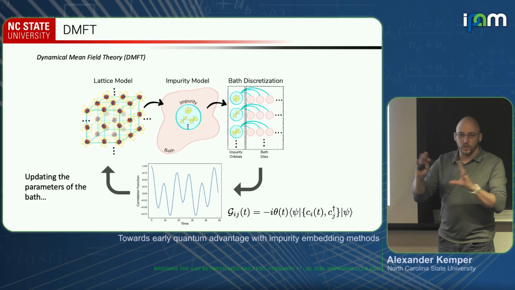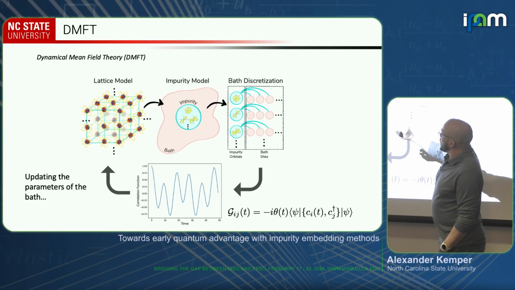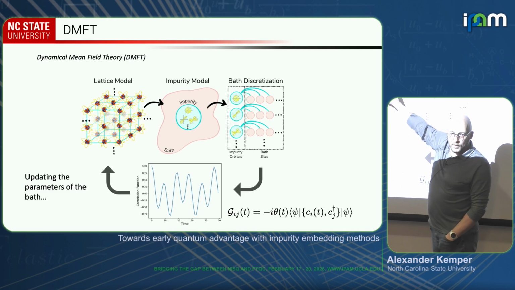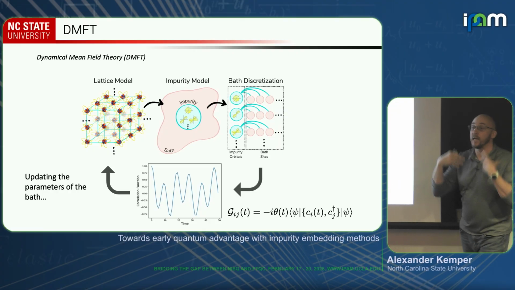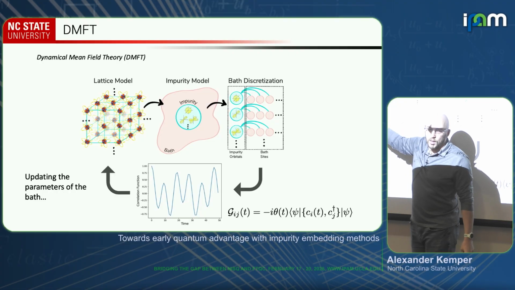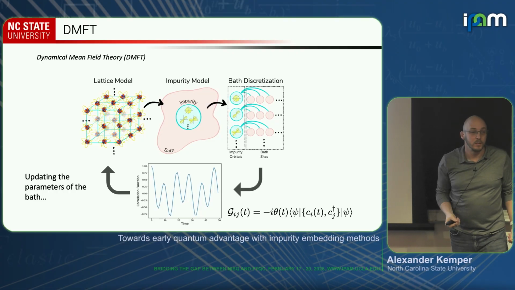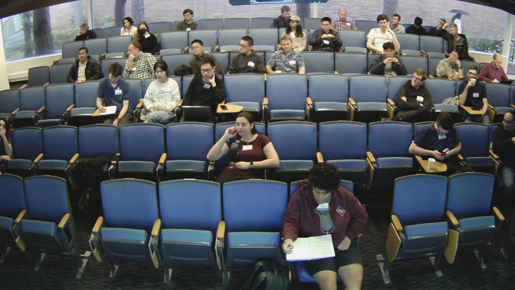This can be extended, I can do clusters, all these sorts of things. Why is this good? Because I have a smaller problem that via this embedding procedure I can use to answer a larger problem, rather than just doing exact diagonalization or quantum computing on the whole large thing. Yes? How many bath sites do you need?